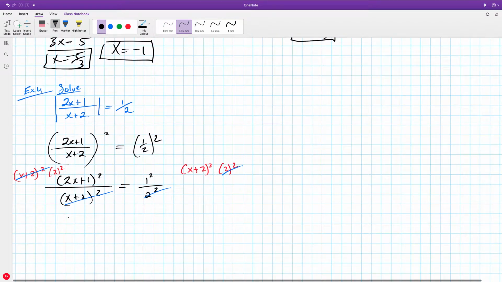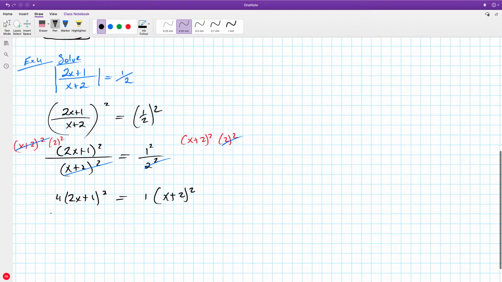So that's 2 squared, which is 4, times (2x plus 1) squared is equal to 1 squared, which is 1, times (x plus 2) squared. Or you can simply cross multiply there, if that's the way you learned it.